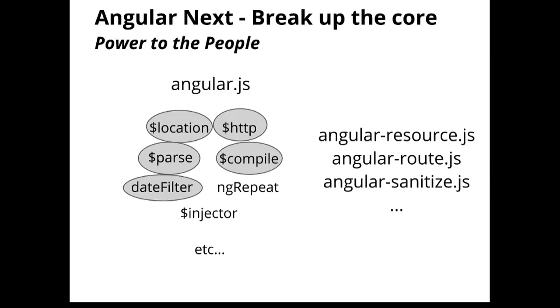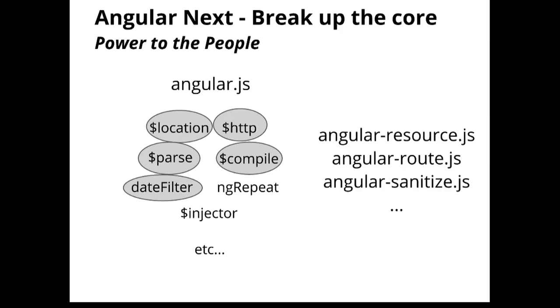Let's take dependency injection as an example. Many people want to use dependency injection after they saw it work in Angular, and they want to use it in Node, but they can't use the one in Angular because it's part of Angular and you can't rip it out. Well, we'll rip it out for you. We'll just take it out. We'll make it completely agnostic of Angular, and you can use it in Angular or you can use it in your Node application if you choose to.